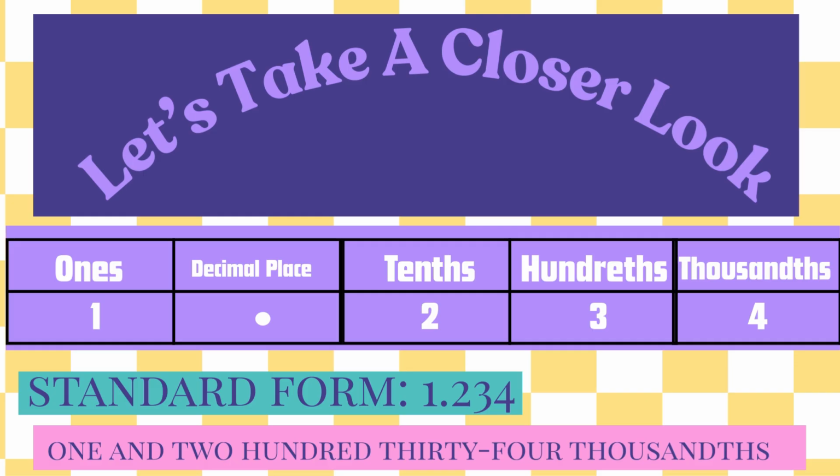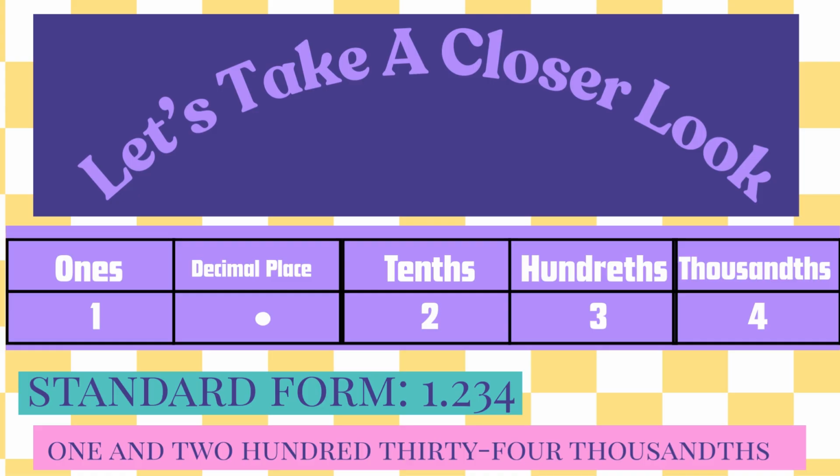The second place after the decimal is the hundredths place. The third place after the decimal is the thousandths place. In our example, we have 1 in the ones place, 2 in the tenths place, 3 in the hundredths place, and 4 in the thousandths place.